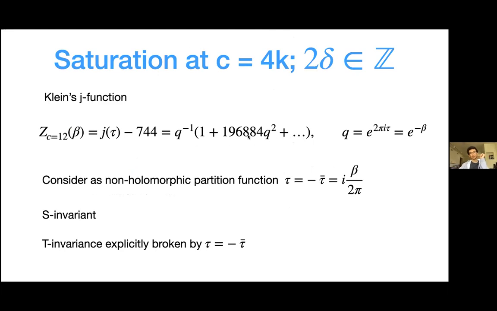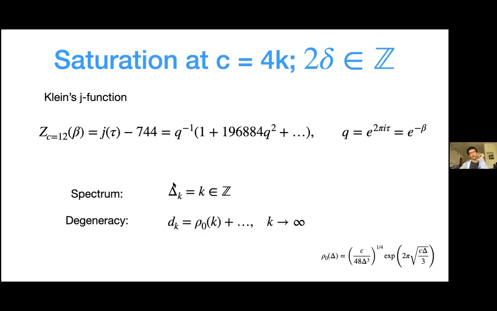It has integer spectrum, and I will consider it as a non-holomorphic partition function on this slice, which is S invariant, but T invariance is just broken explicitly by this condition. You can show that the degeneracies of operators at very large dimensions are given precisely by this rho naught function that we discussed before.